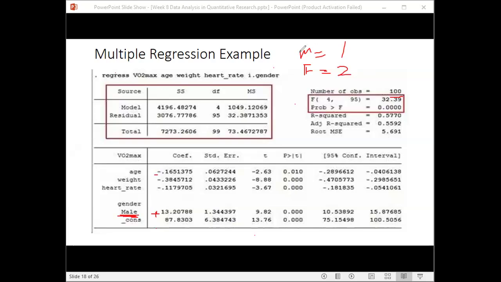Is it being male or being female? Okay, I want being male. So being male is equal to 1, but being female cannot have the value of 2. I need to change being female to 0. This is what you do before you do your analysis. So your variable male will be represented as 1 and 0.